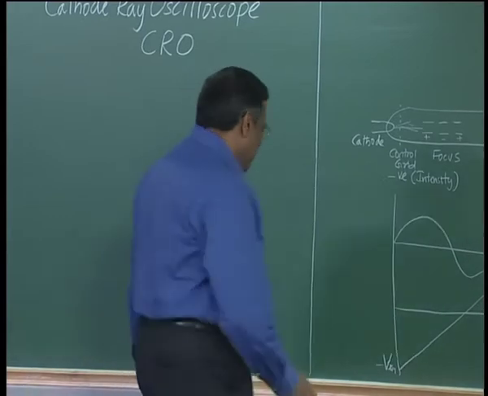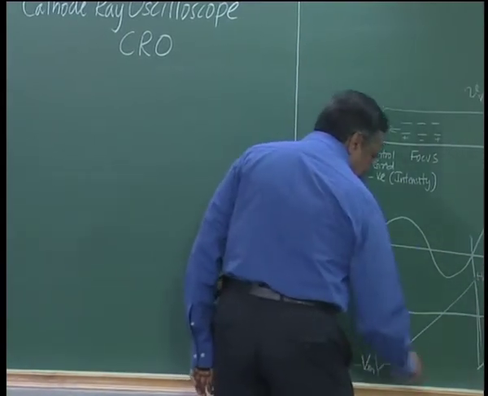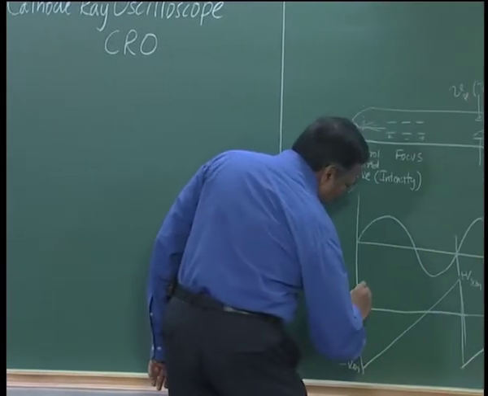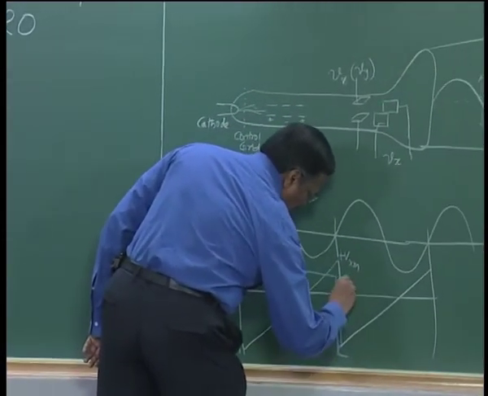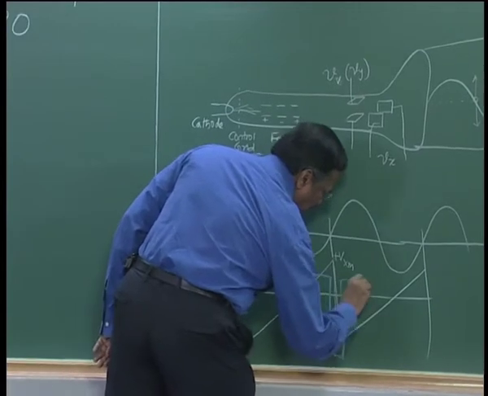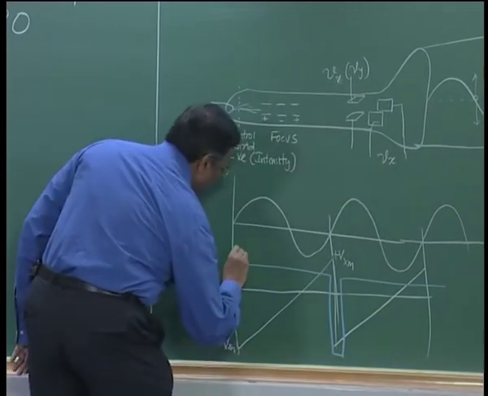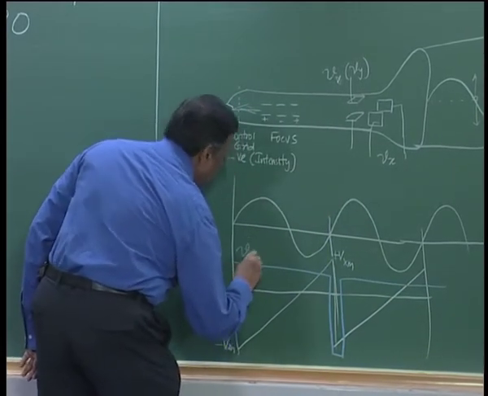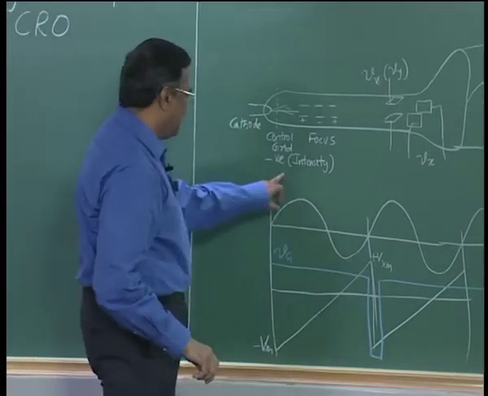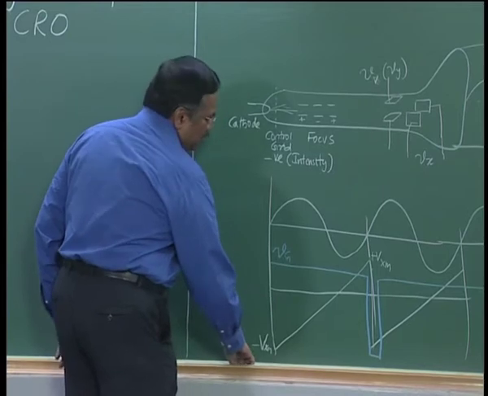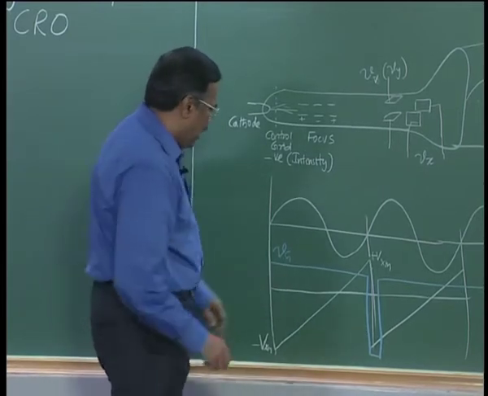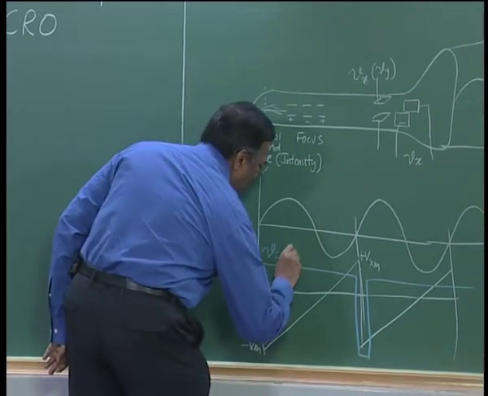So, what we do is we connect a very large negative voltage to the control grid. So, this is Vg. Apart from the intensity control, the Vg amplifier has another input, which is known as the blanking pulse.